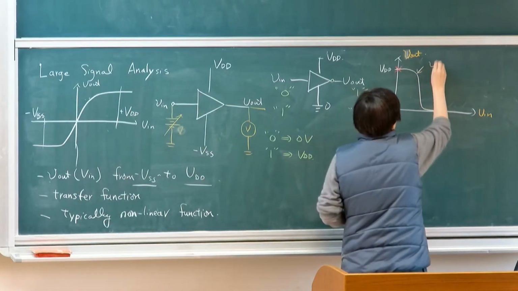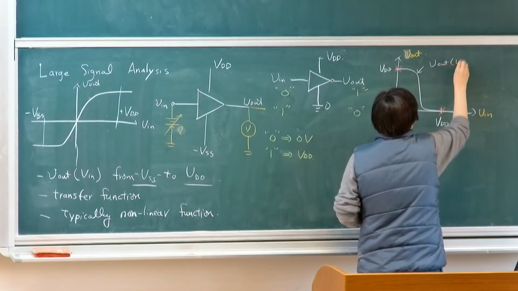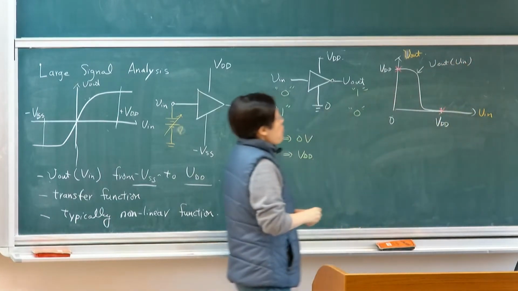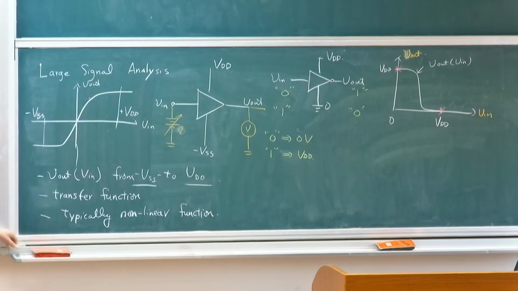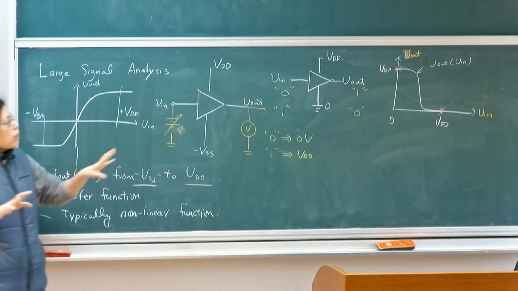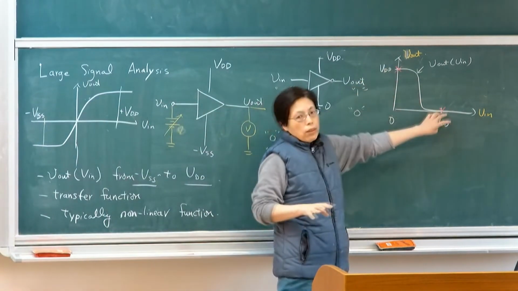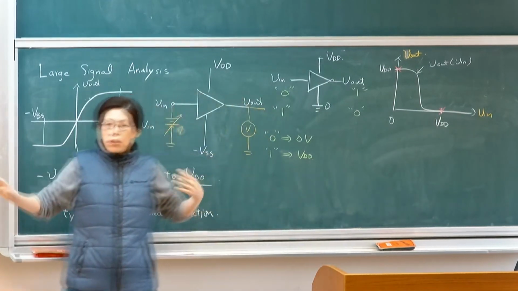This will be your VL as a function of Vin. So if you're dealing with digital circuits, what you're actually concerned with is the end of your stage, meaning that if I have the whole stage of response, I'm only concerned that it stays at either here or here, at the boundary. It's jumping between the boundary.